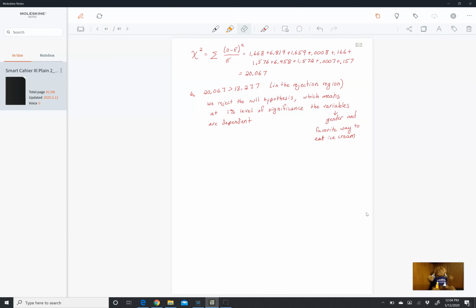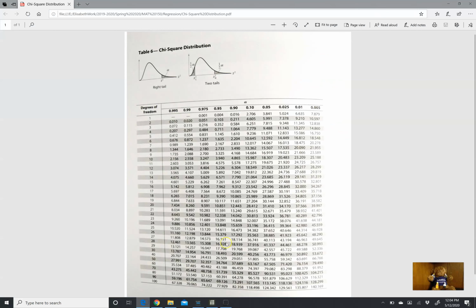And keep in mind, one of the reasons why we talk about 1% level of significance is because if you look at the chi-square distribution, right, at 4 degrees of freedom, depending upon what your level of significance is, you have very different numbers, okay? We had 13.277, but at 10% level of significance, it's only 7.779.